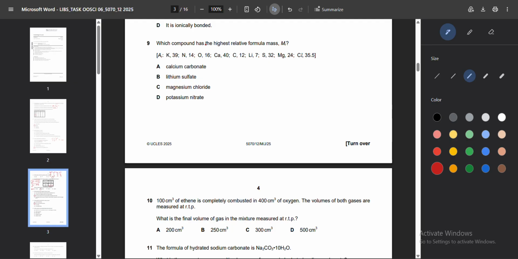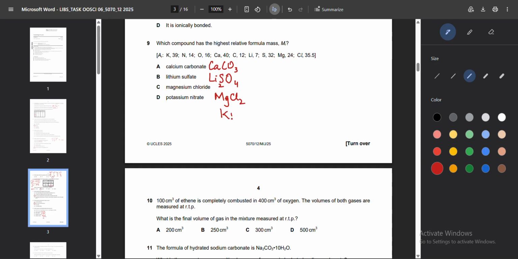Next is, which compound has the highest relative formula mass, or MR? So first of all, we will write their chemical formulas. This is calcium carbonate. Lithium sulfate is this one. Magnesium chloride, MgCl2.